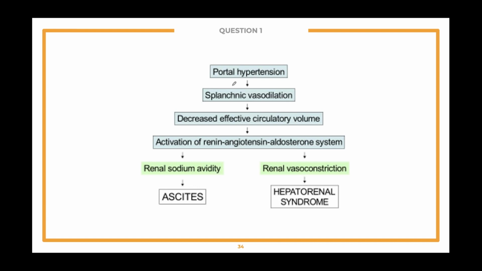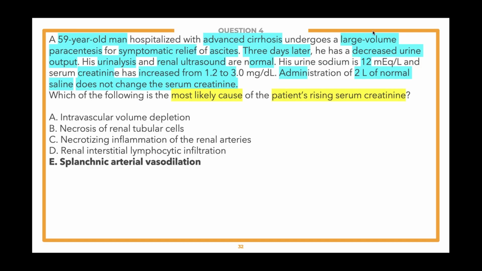So if we go back to our question, hopefully you guys can see why answer choice E is the best answer here. Answer choice D, renal interstitial lymphocytic infiltration, is not the correct answer here, not an inflammatory condition.